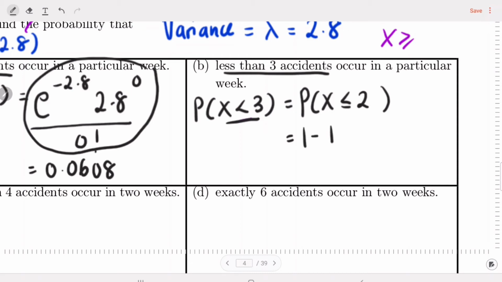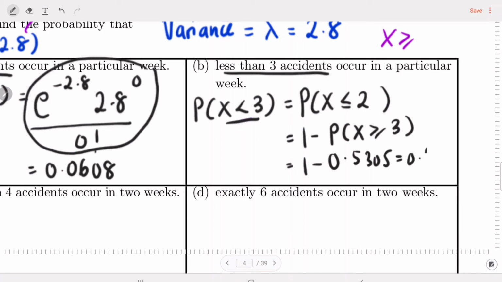Then it's going to be 1 minus probability x greater than equal to 2 plus 1, which is 3. Right? And then look at the Poisson table, and you're going to get the answer is 1 minus 0.5305, which is 0.4695.